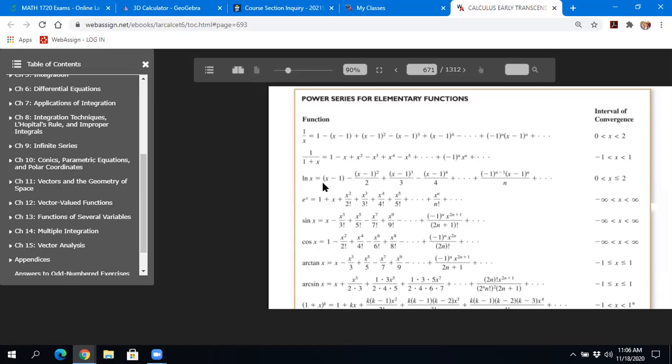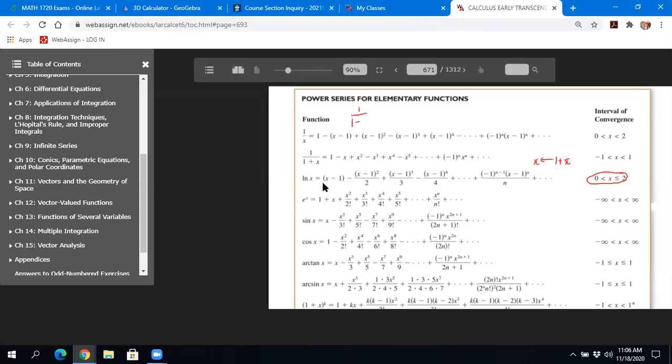what we did is we replaced x by 1 plus x, okay? So that we had logarithm of 1 plus x. And that's, of course, going to change the interval of convergence as well. But I would just familiarize yourself with the geometric. The geometric isn't even on here, like 1 over 1 minus x.